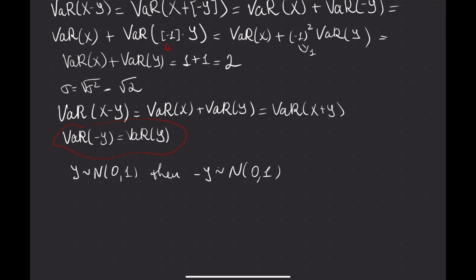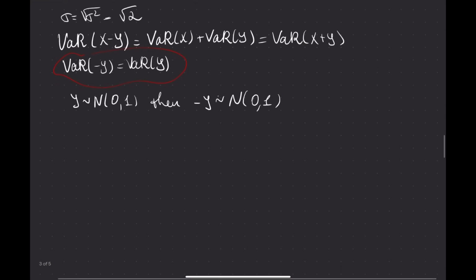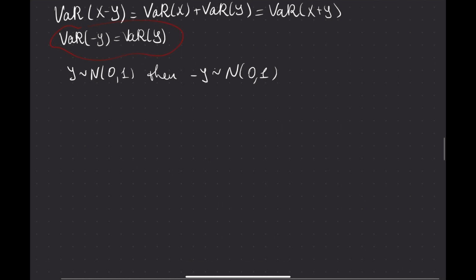Okay, and let me try to draw you the picture so it's easy for you to understand. One more time, the standard normal distribution is symmetric about the mean, which is 0 in this case. This means that the distribution looks the same on both sides of the mean.